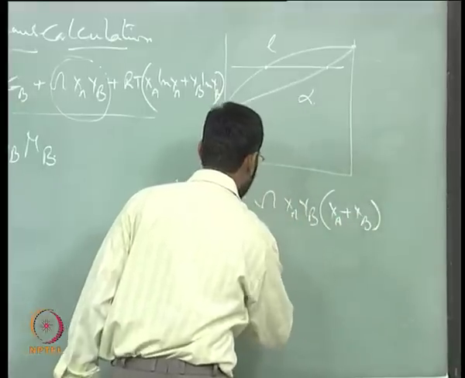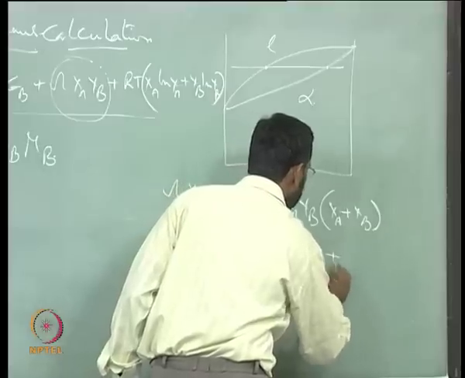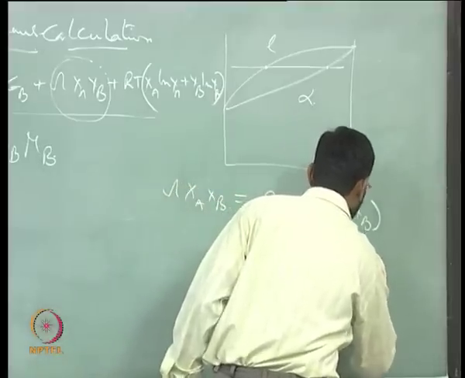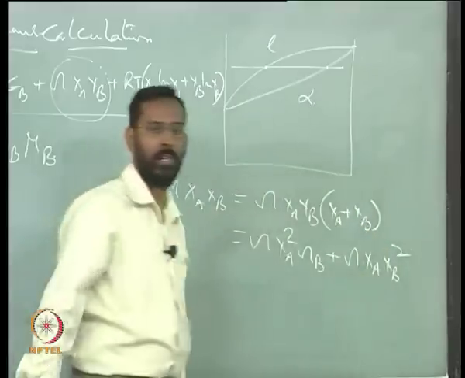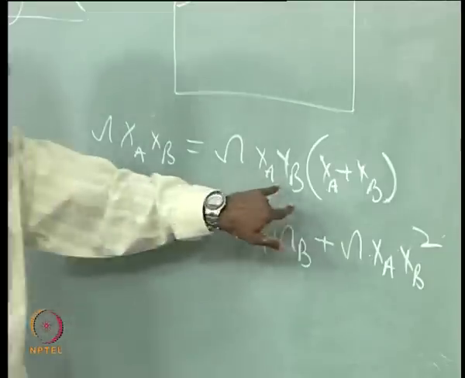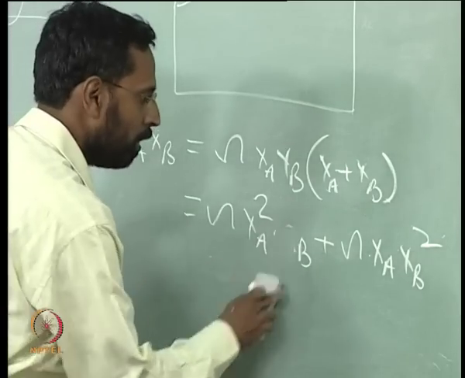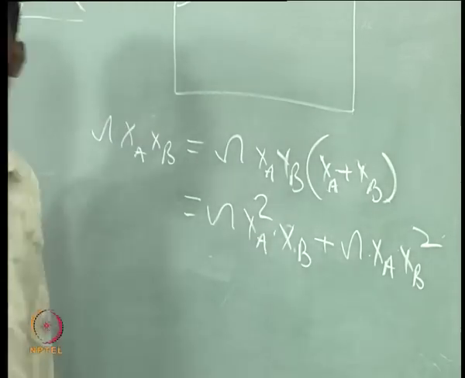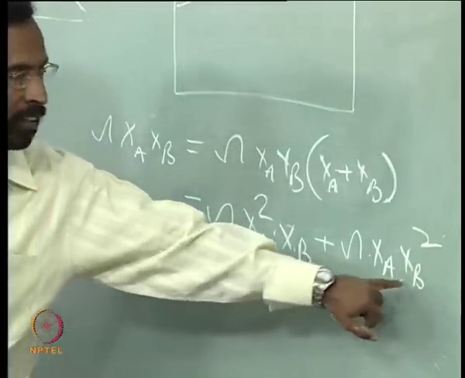So, you can write it as omega XA square XB plus omega XA XB square, am I right? Simply multiply this term with this, so that you now have this, okay. So, omega XA square XB and XA XB square.